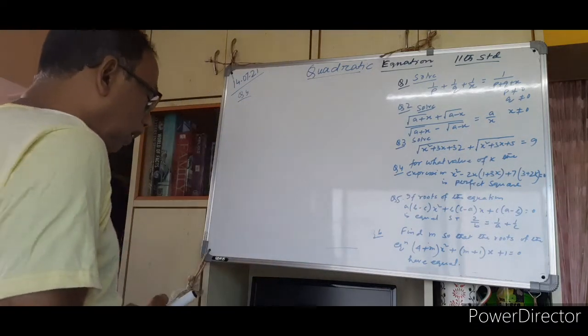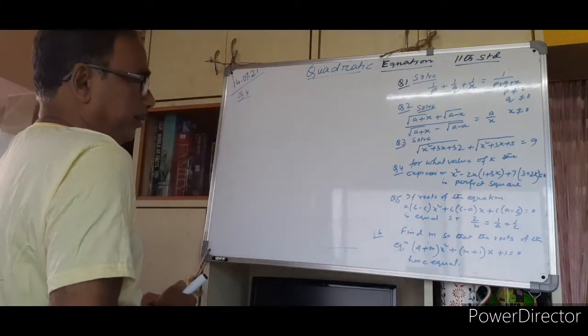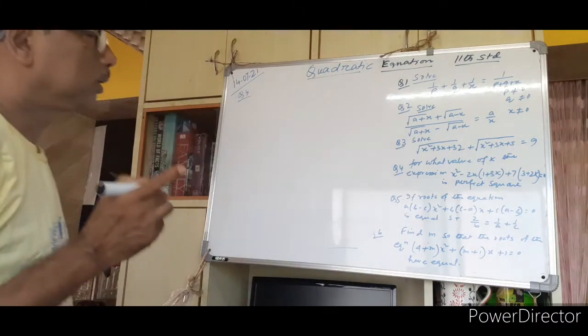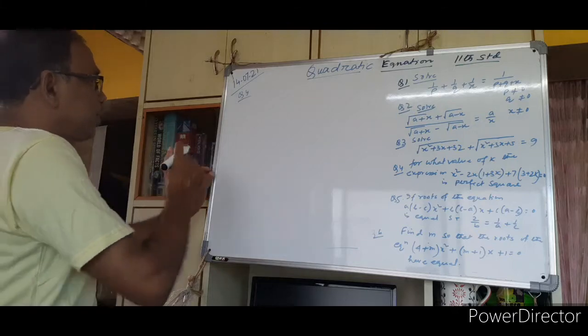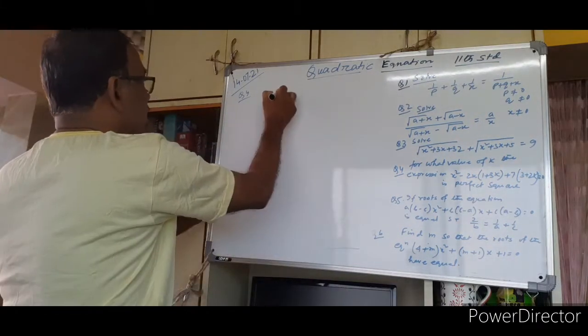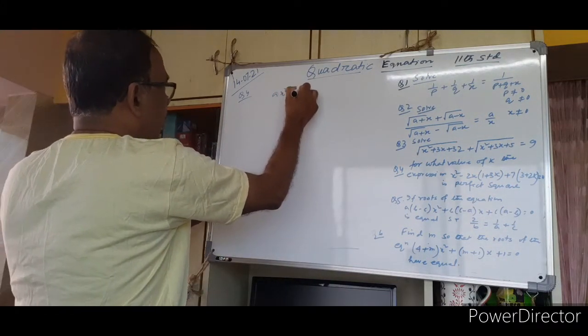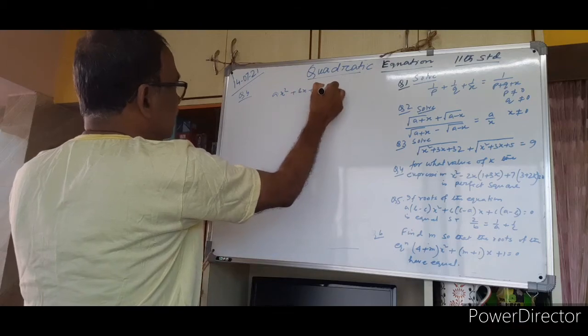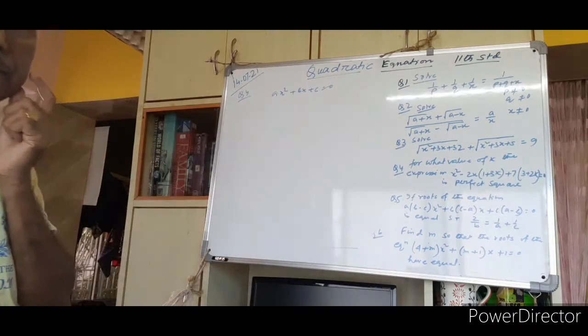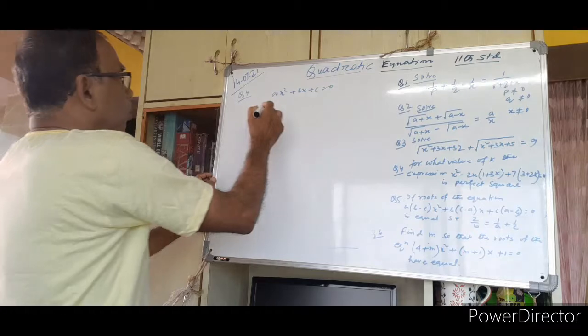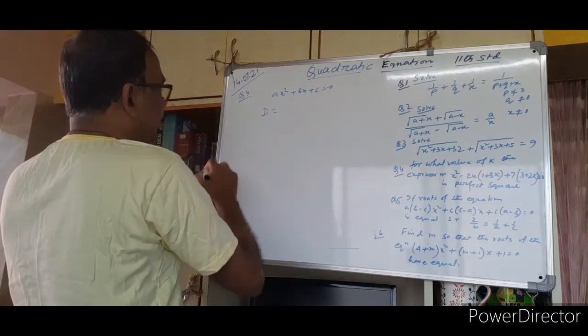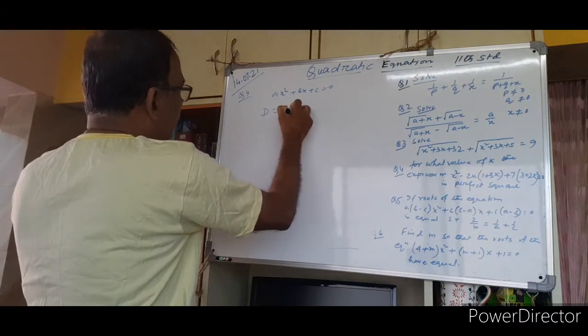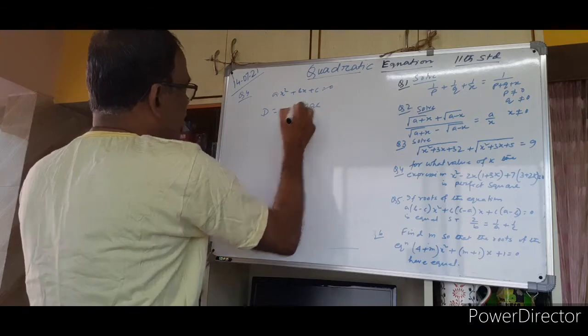For a perfect square we have to use the discriminant. First of all you have to know the characteristics of a quadratic equation. Suppose ax square plus bx plus c equals 0 is a quadratic equation. The discriminant D equals b square minus 4ac.